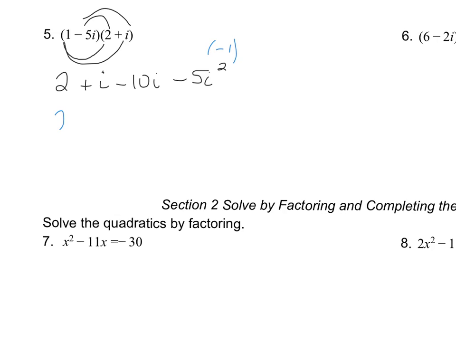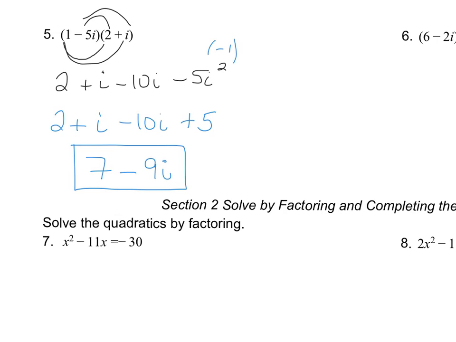So really this can be written as 2 plus i minus 10i. But since the i squared is -1, this is -5 times -1, so this is positive 5. And then I can just add them together. So 2 plus 5 is 7. 1i minus 10i is -9i. Remember, in these problems, you should always get a complex number, something without an i and something with an i. You should never have i squared or i cubed. You should always have, at most, a number and something with an i.